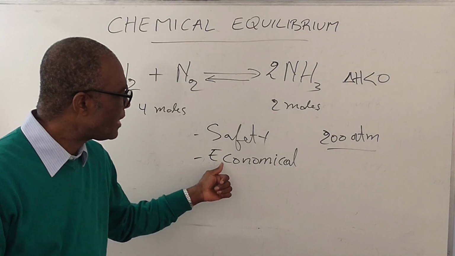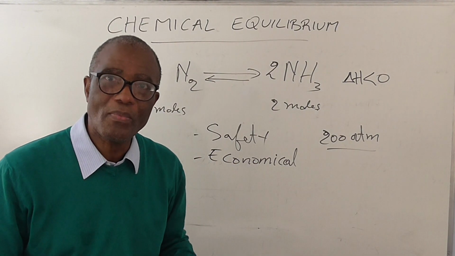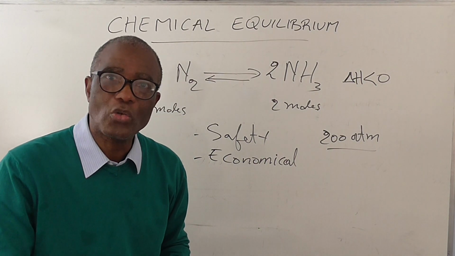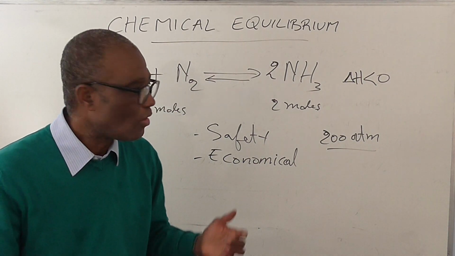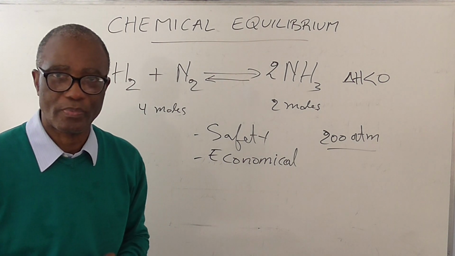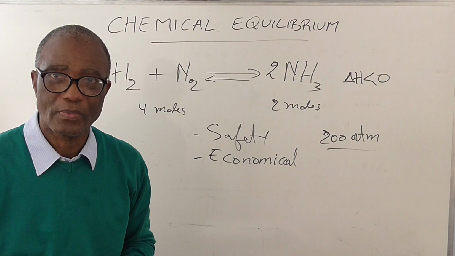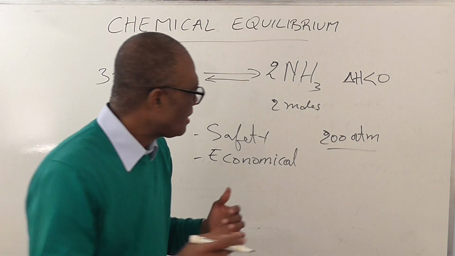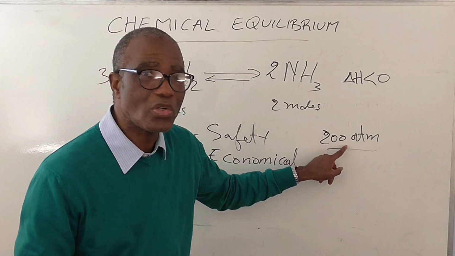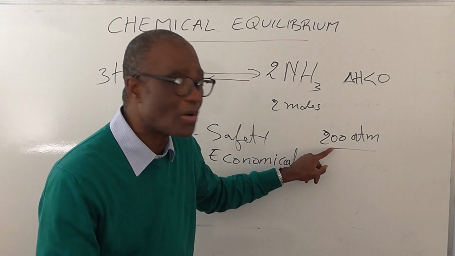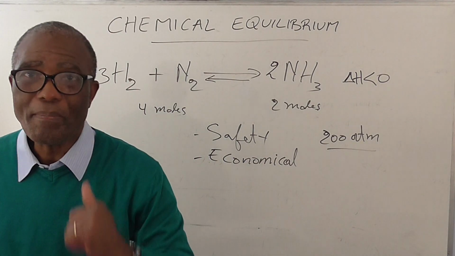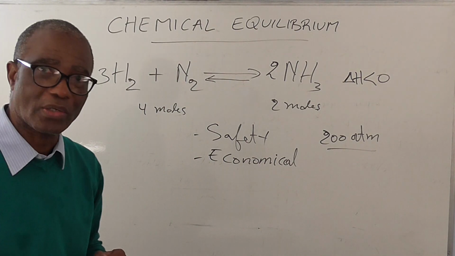And also, there is an economical problem because we need money to build and to maintain the factory operating with high pressure. That is why I say the compromise pressure is 200 atmospheres. What about the temperature?